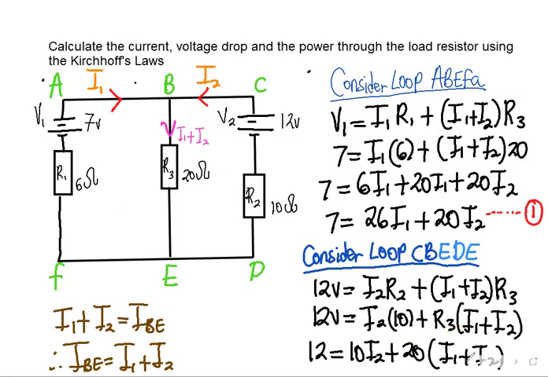So it will be plus 20I1 plus 20I2. Let me double check: 10I2, yes, plus 20I1 plus 20I2, yes.